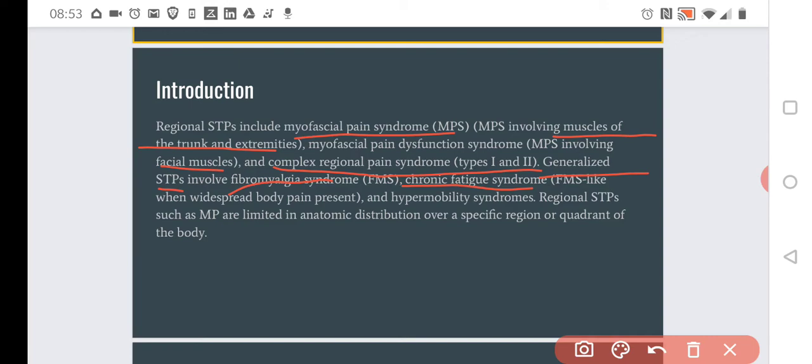Sometimes the generalized pain, so the pain that is nearly everywhere, is also related to the hypermobility syndromes. So when we have some hypermobility, we have the pathological mobility. So we have the mobility that we should not have. Hence, we may have a pain related to this pathological mobility.